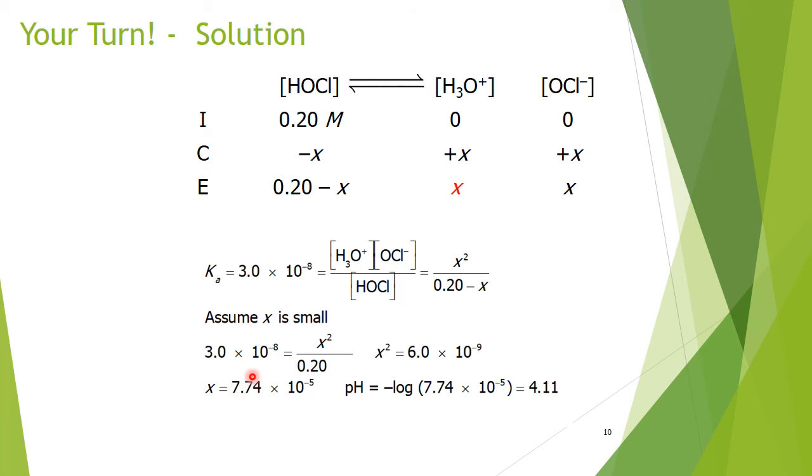Right, so we get 3.8 times 10 to the minus 8 equals X squared, and then just solve for X squared, and then you get X, which is this value. Let's figure out pH. So pH equals minus log of this value, which is 4.11.